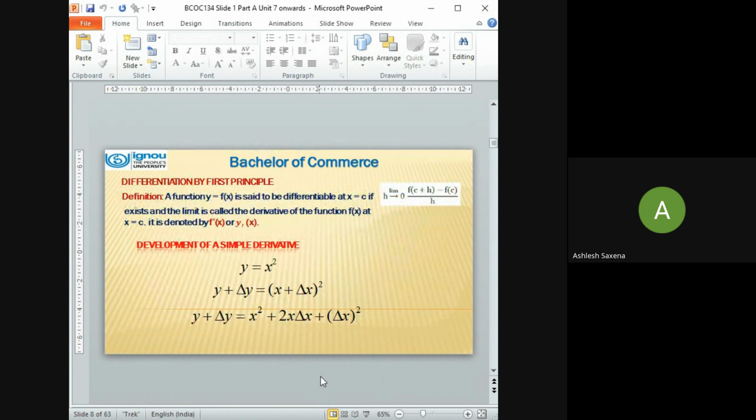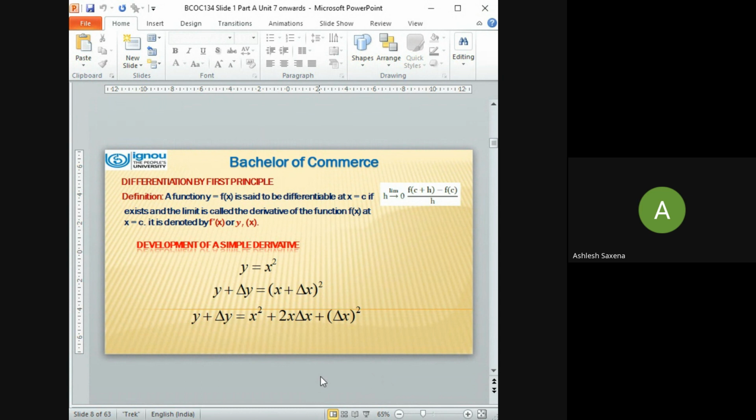Now, the first method is differentiation by first principle. I will show you how it is performed and what it actually means. It is applicable to all, not just to this part. What does the definition say?